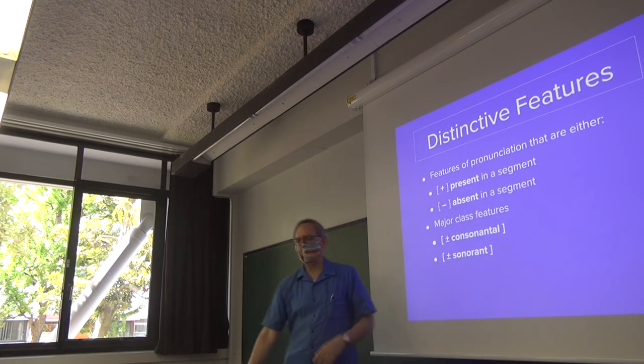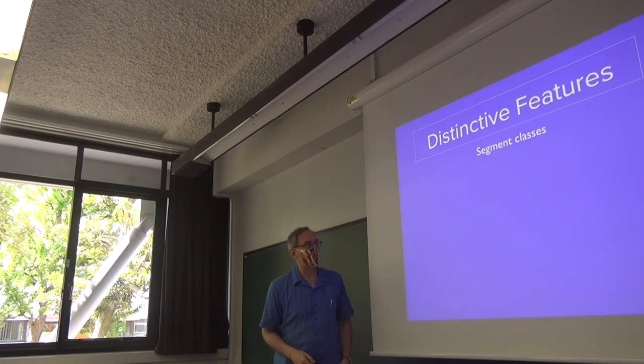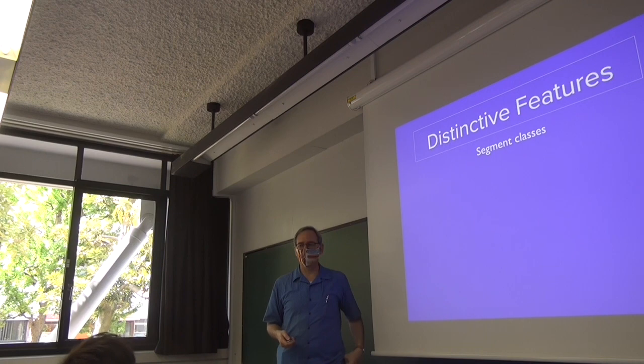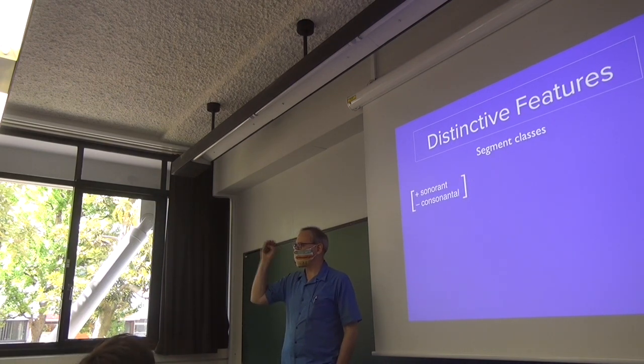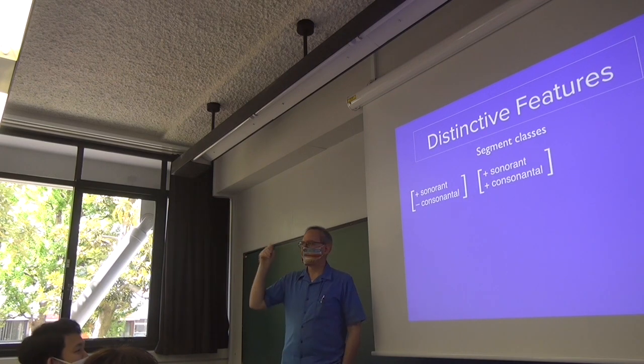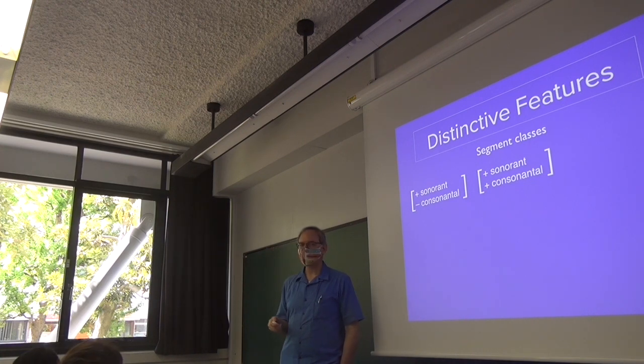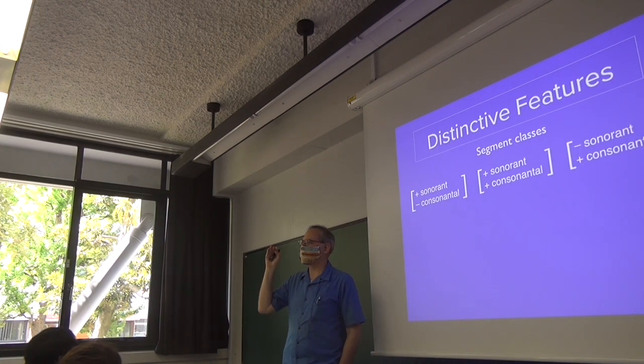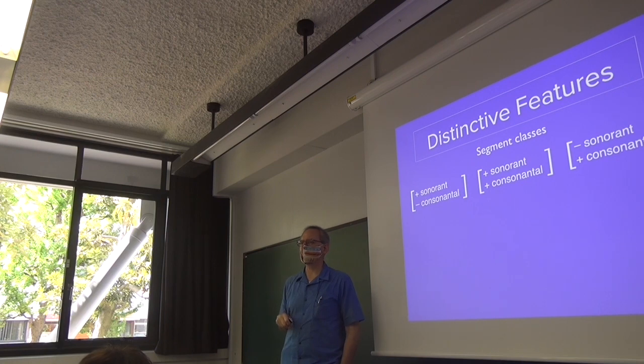But by combining together the two major class features, we'll actually divide the segments into classes. So I can combine them with a plus sonorant, minus consonantal, plus sonorant, plus consonantal, or minus sonorant, plus consonantal.